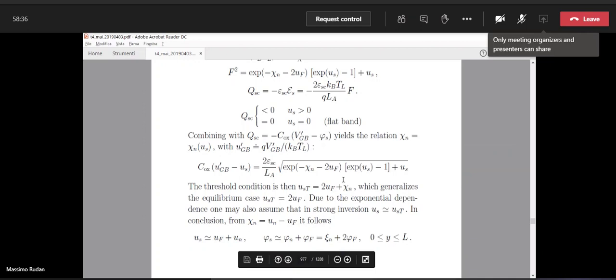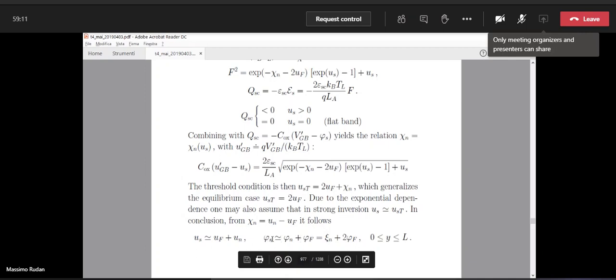If you replace chi n in the threshold condition, you find that the threshold condition is just uf plus un. And if you multiply by kT over Q both sides of this relation, you find that phi s is equal to phi n plus phi f. That is exactly the condition that we wanted to demonstrate, okay?